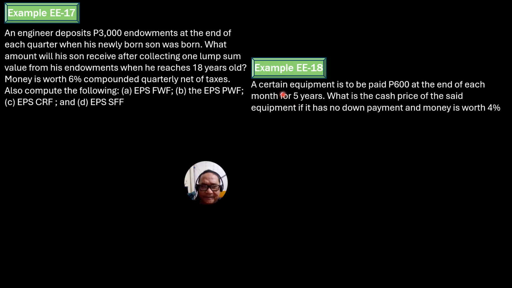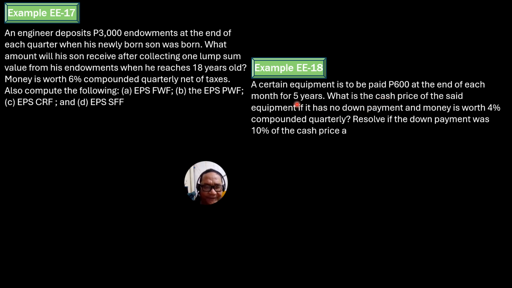So for problem 18, a certain equipment is to be paid 600 pesos at the end of each month for 5 years. What is the cost price of the said equipment if it has no down payment and money is worth 4% compounded quarterly? Resolve if the down payment was 10% of the cash price and money is worth 4.5% compounded annually.